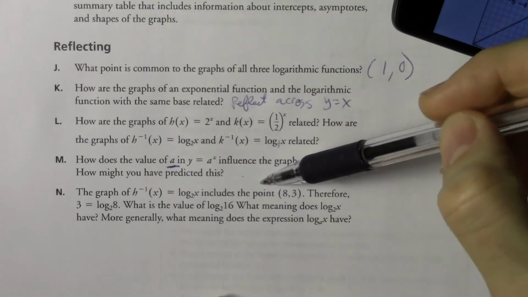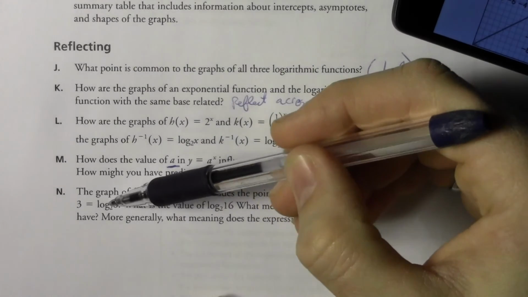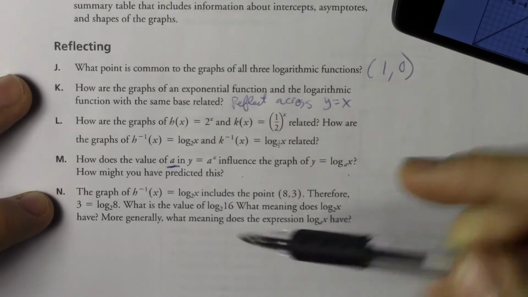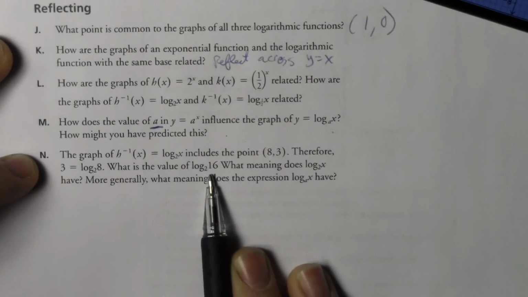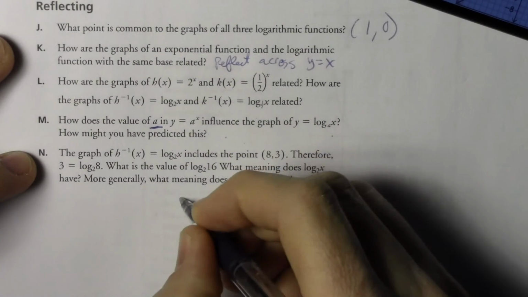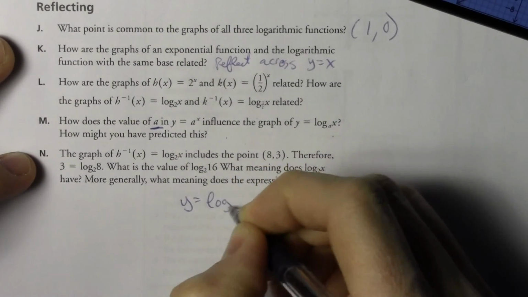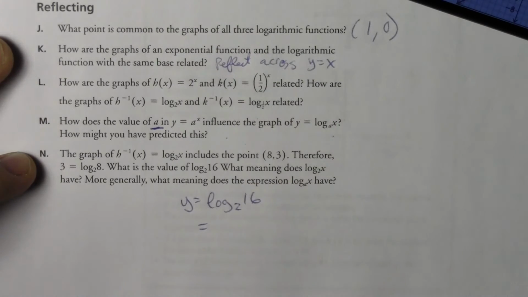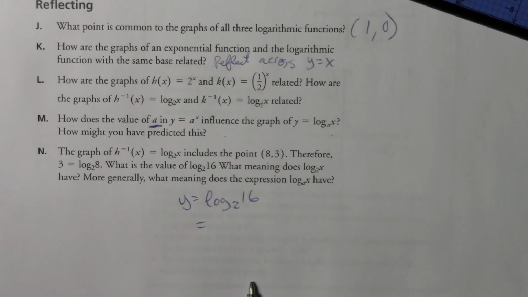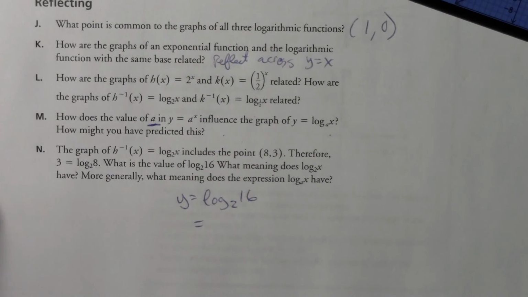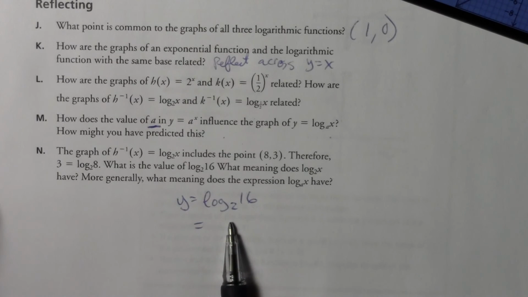The graph of that includes the point 8, 3. Therefore, 3 equals log 2, 8. What is the value of log 2, 16? So everyone, I hope, knows this now. What is this? Okay, without yelling it out, who can tell me, just with their hands up, the value of 2 to get an idea of who knows what it is?